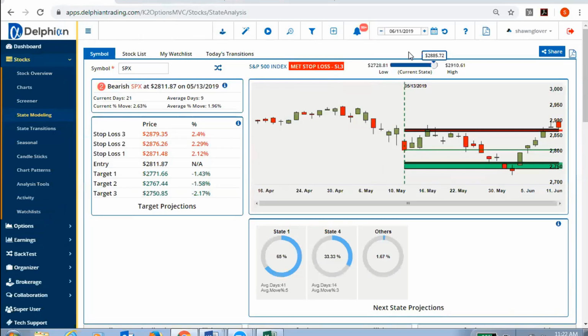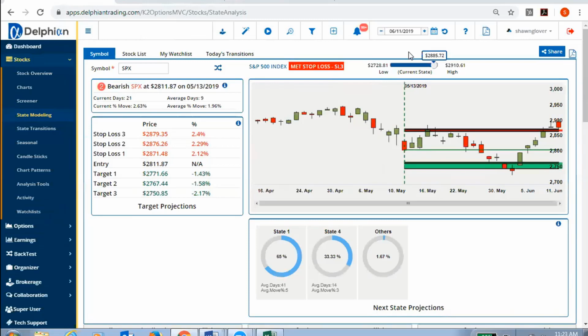So anytime you look at this, just think of support and resistance, and it tells you where you should be looking. Normally in state 2, it'll come down here and then either fall off or pop up. So it ran right up to stop losses and then tried again and then fell all the way down to the target, target 3.